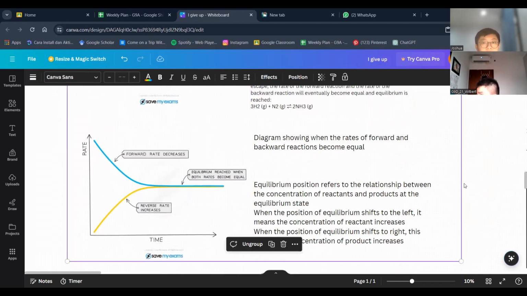So this diagram shows the rates of forward and backward reaction when they become equal. The forward reaction rate will decrease and the reverse rate increases. So this makes them the same and equal.